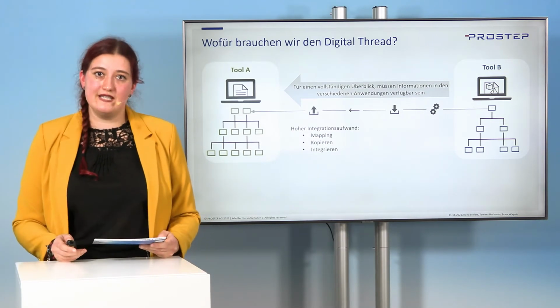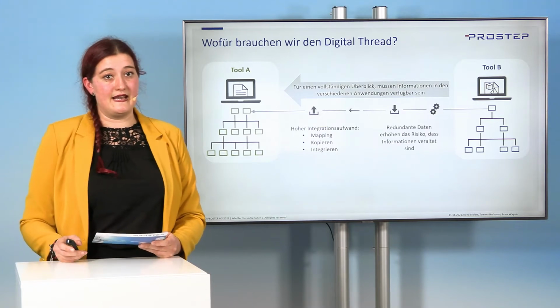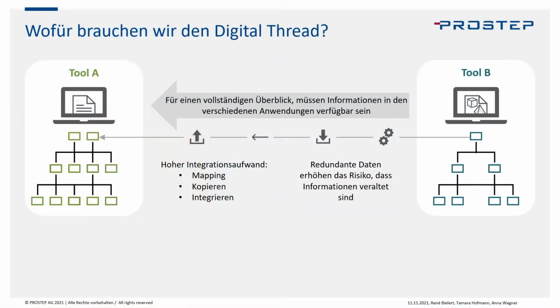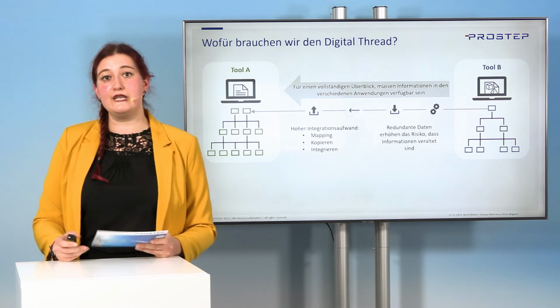This causes the problem as well of redundant data. Redundant data increases the risk of having outdated information because this process is often manual and it's not usually automatic. So I don't realize when I'm using tool A that data in tool B has changed.